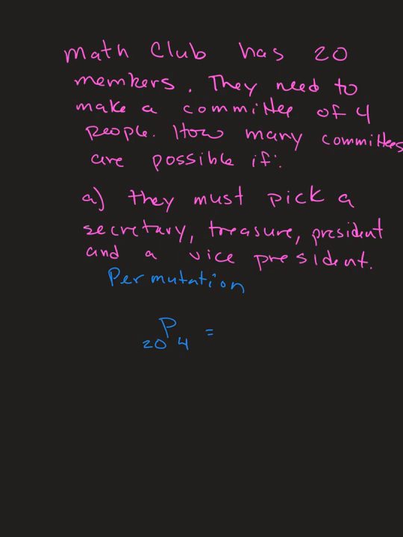Okay. So we're going to do 20P4 in our calculator. You should try it out in your calculator too. So I have 116,280. It's a lot of different committees.